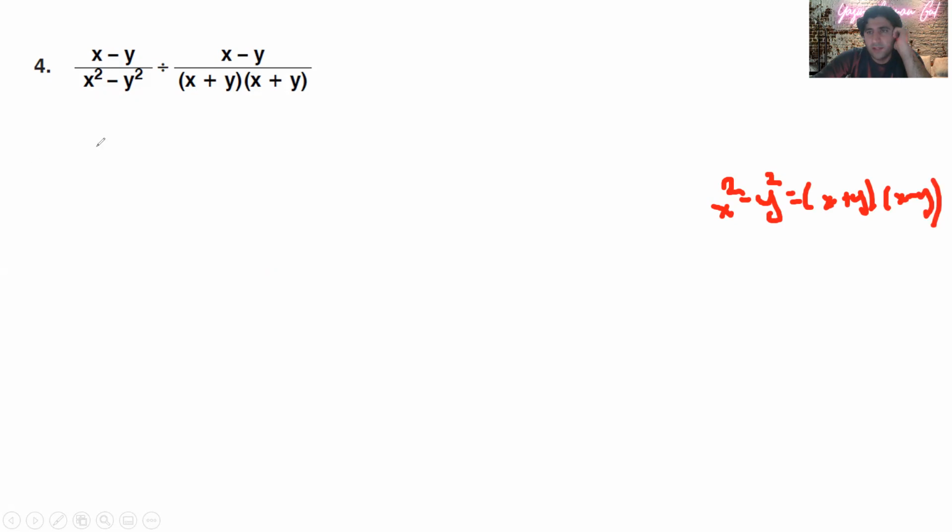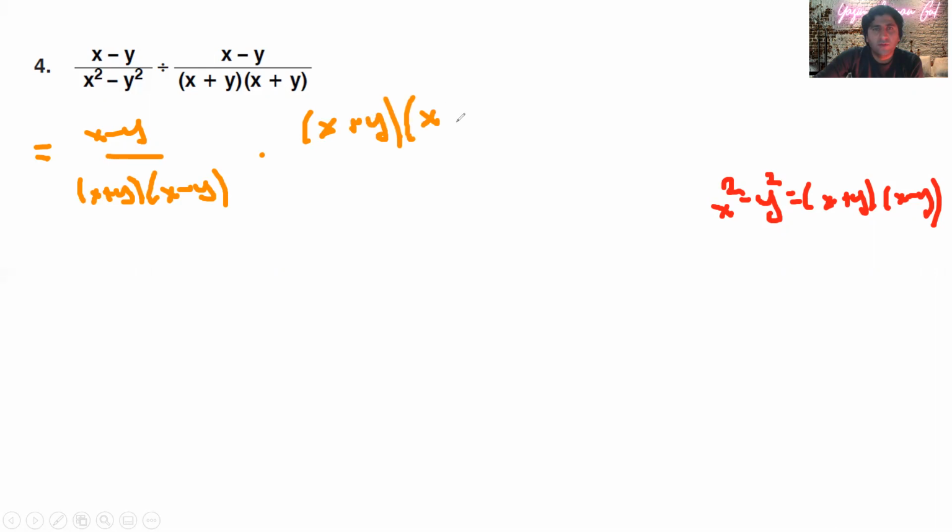So I'm going to say this equals x minus y divided by x plus y times x minus y, times, now we said this is going up, x plus y times x plus y, divided by, now this is coming down, x minus y.